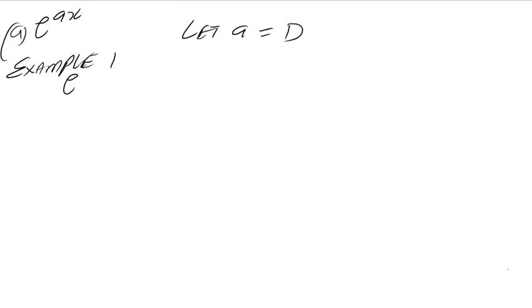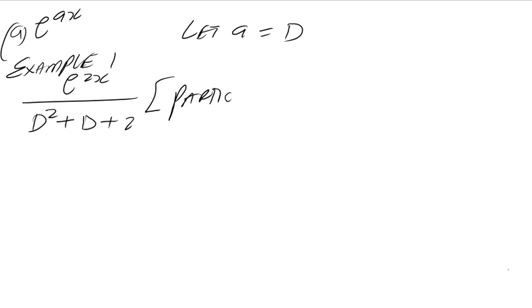Example 1. If you have e to the power 2x divided by D squared plus D plus 2, if you've got an expression like this, they call it a particular integral, which you can name YPI.